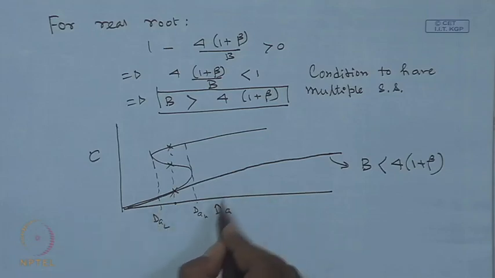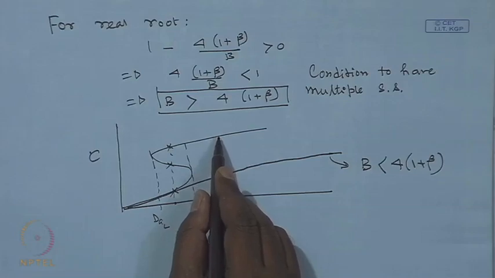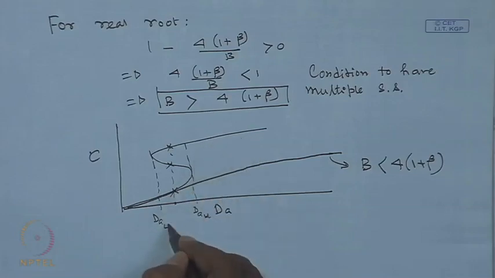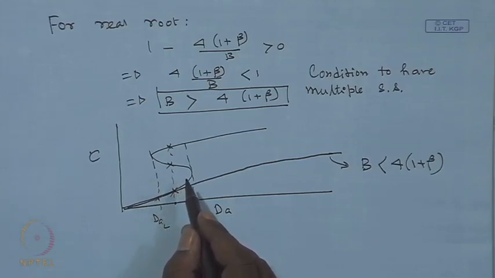Any Damkohler number beyond dAu will lead to a steady state on the upper branch. Any Damkohler number below the value of dAl will give a solution on the lower branch. For any Damkohler number lying in between dAu and dAl, there will be multiple steady state in the system.